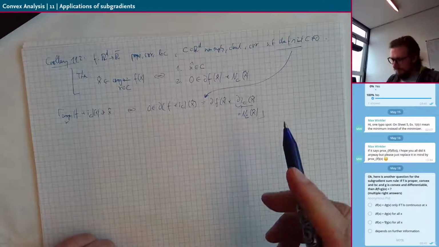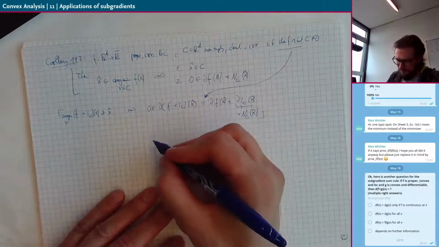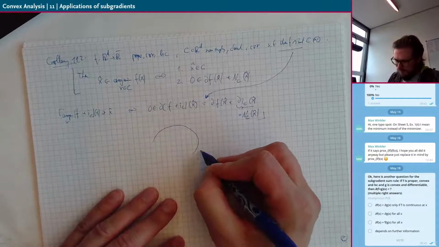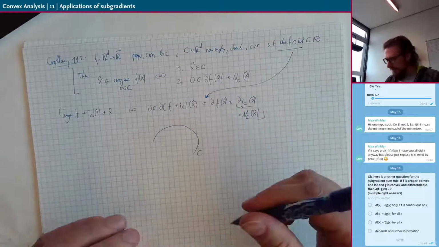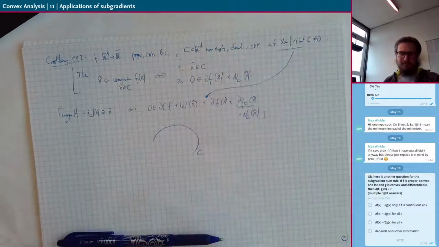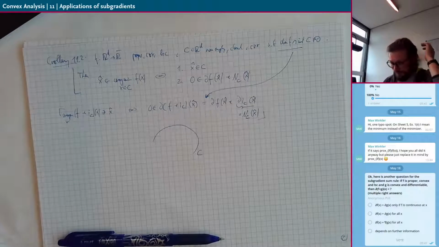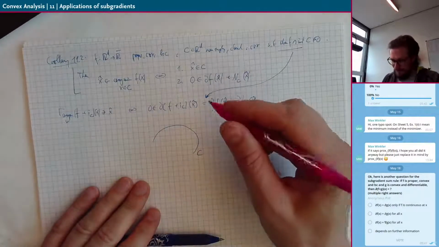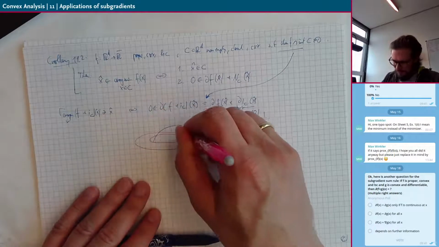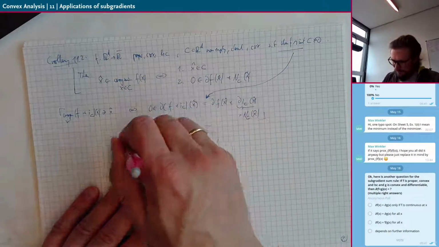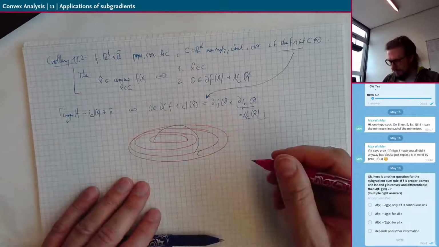Why? Just graphically. Let's consider we have our set C that looks like this, and our function f. It's hard to depict, but maybe I could draw level lines. Say C looks like this, and these are the level lines of f. Actually, that was bad.